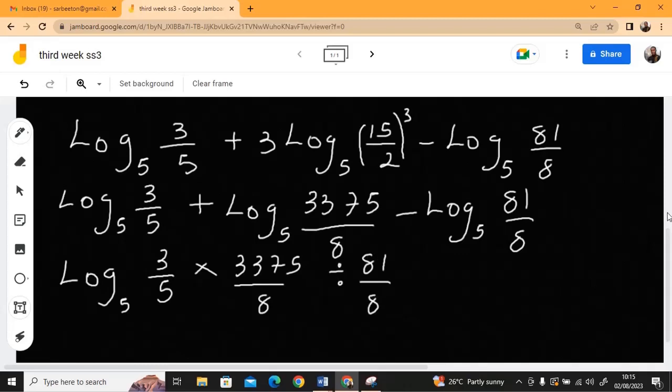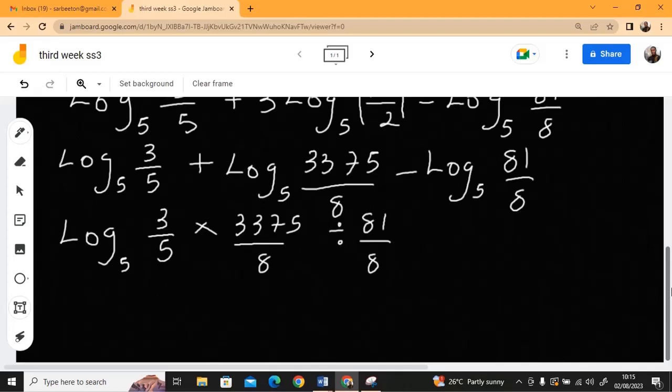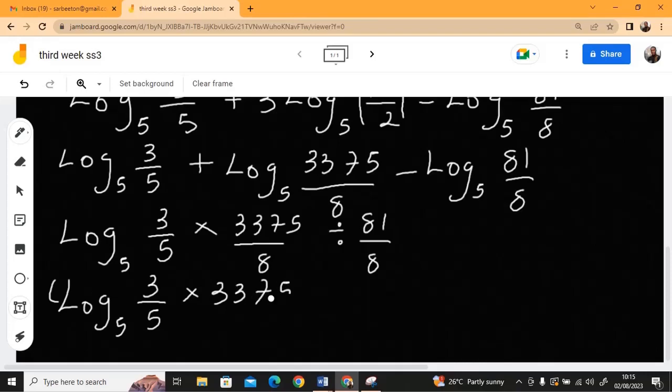Now I have to change the division to times. So I have log base 5, 3 over 5 times 3,375 over 8 times, this one will go up, this will come down, 8 over 81.